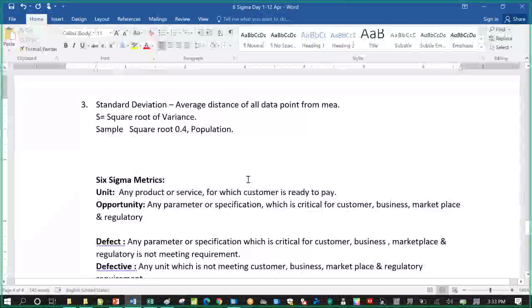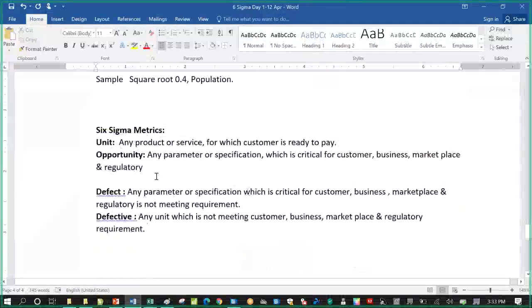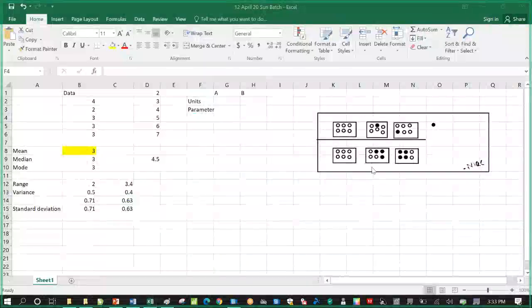These are the basic things which we need to know in any project or anywhere as well, because you need to tell your stakeholder what you mean by unit, what you mean by opportunity and defect and defective also. In this scenario, let's take this example here. So let's say there are three products, 1, 2, 3, and here also 3.